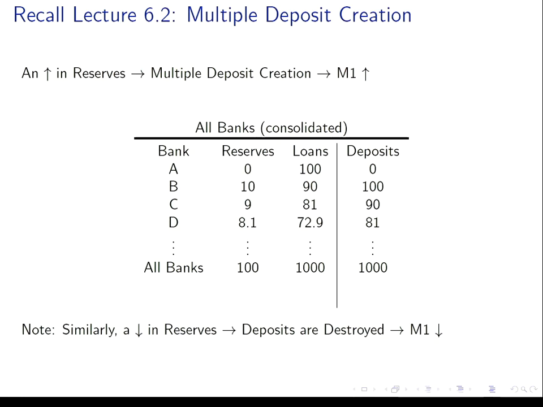Again, what do we mean by non-borrowed reserves and borrowed reserves? Something that we discussed in lecture 6.1 or 6.2, but nonetheless it's important to understand what we mean by them. Anyone? Any guess?